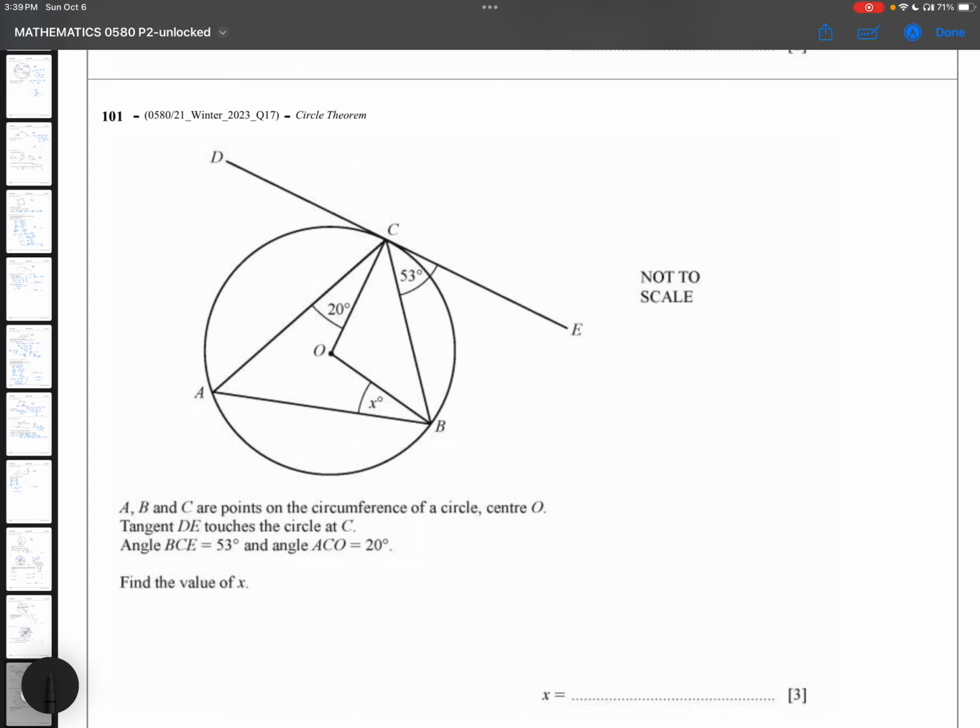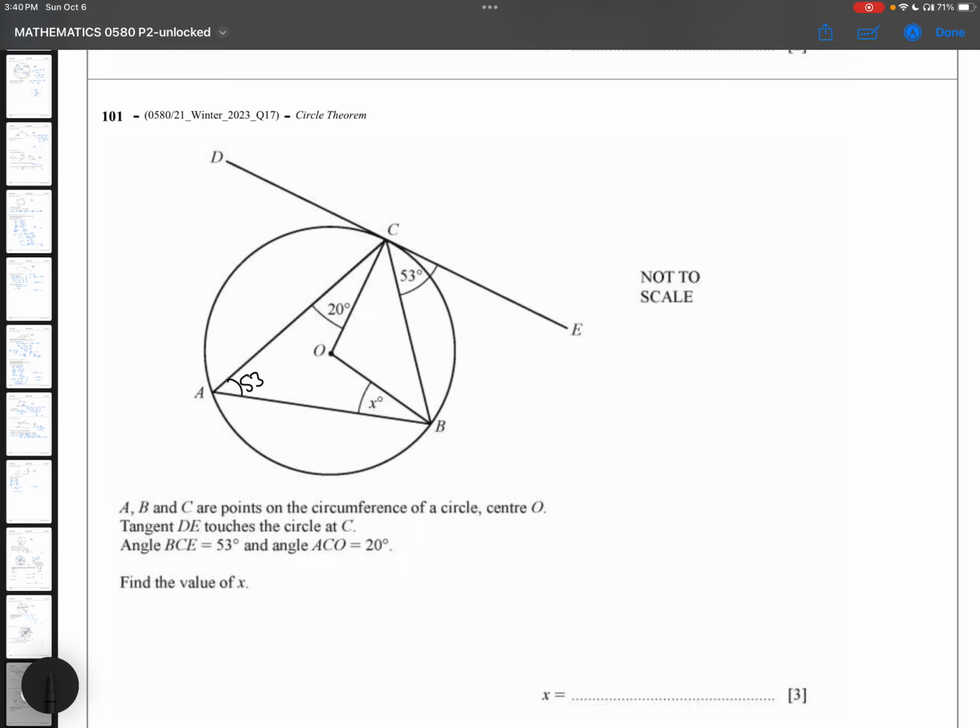So 53 degrees is the angle between the tangent and the chord BC. So this chord will subtend an angle 53 in the opposite segment. So this angle A will be equal to 53 degrees. And if this is 53 degrees, this is the angle subtended by the chord BC on the circumference.